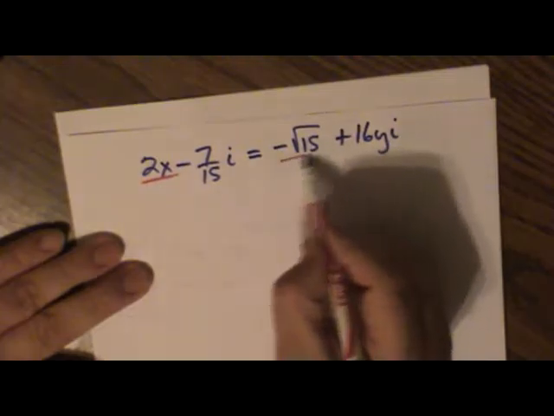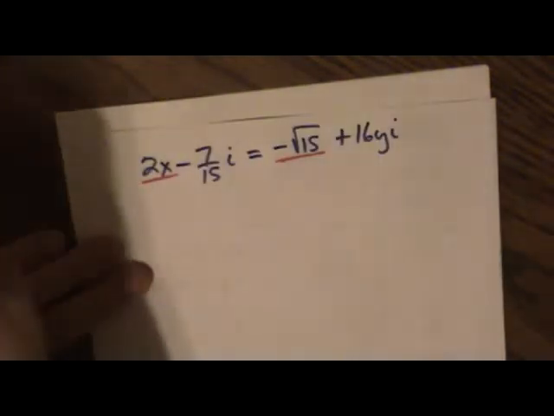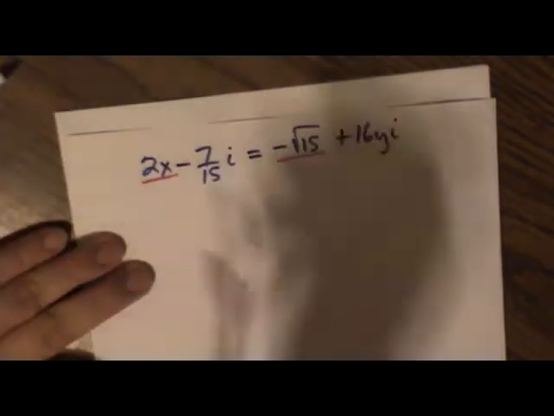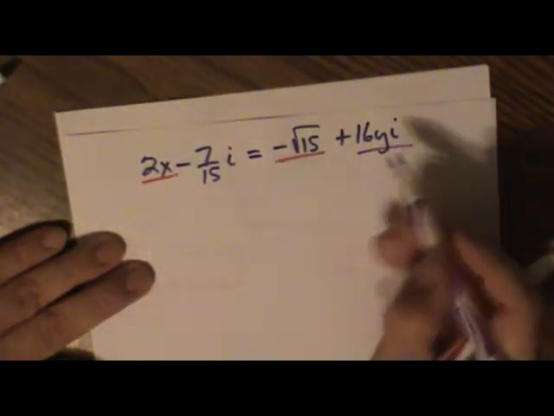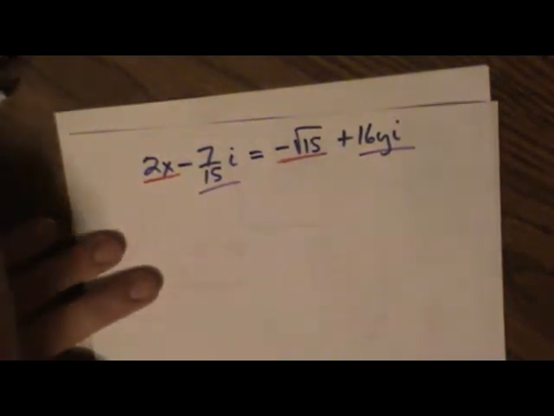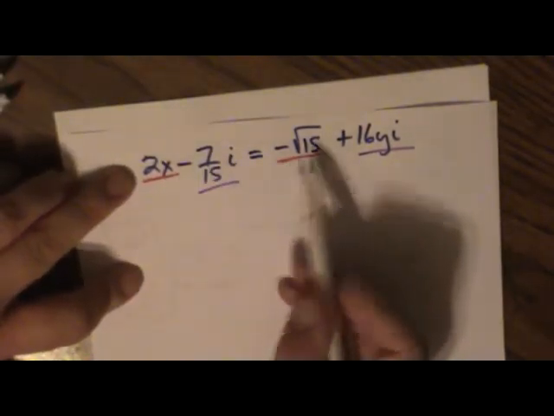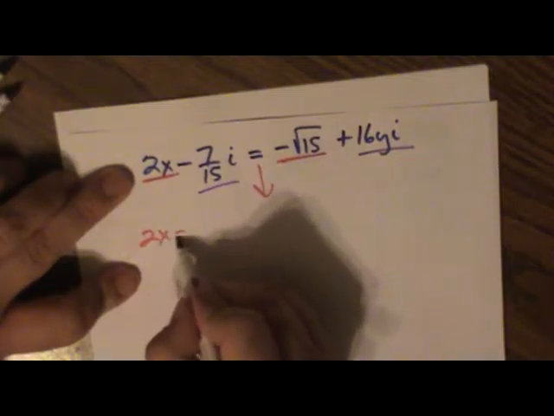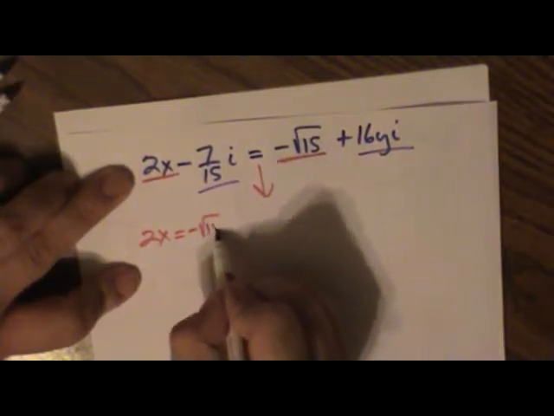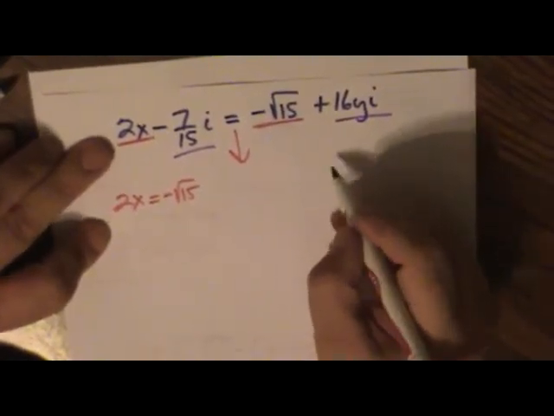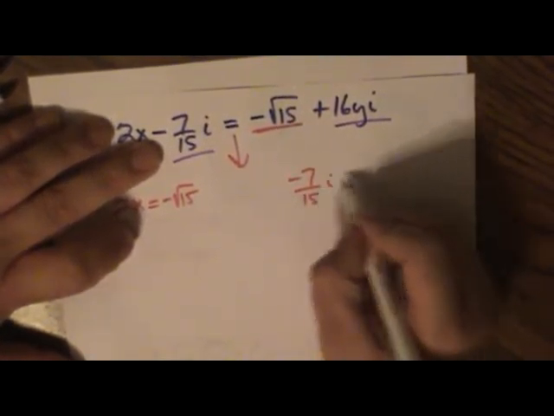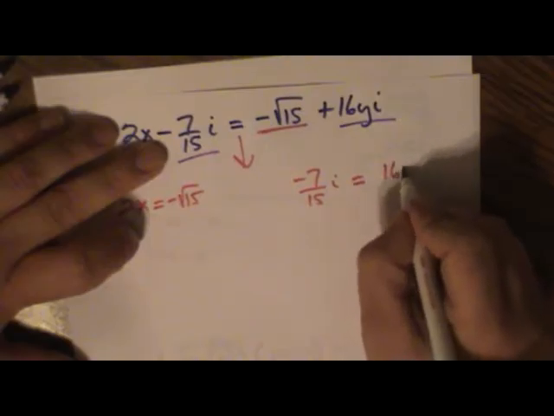X's are with your real numbers and y's are with your imaginary numbers. See? So we're going to take our real numbers and make them an equation. And then we're going to take our y's and put them in an equation.